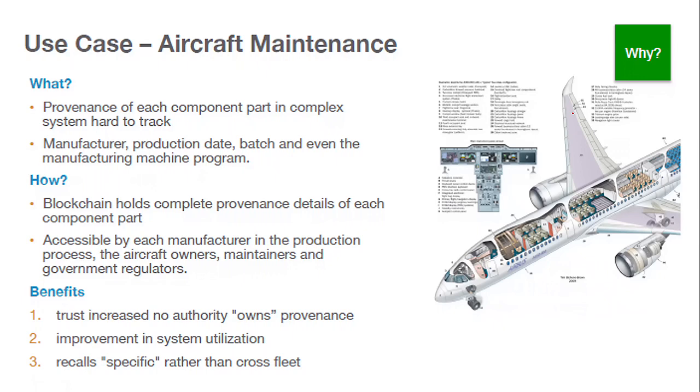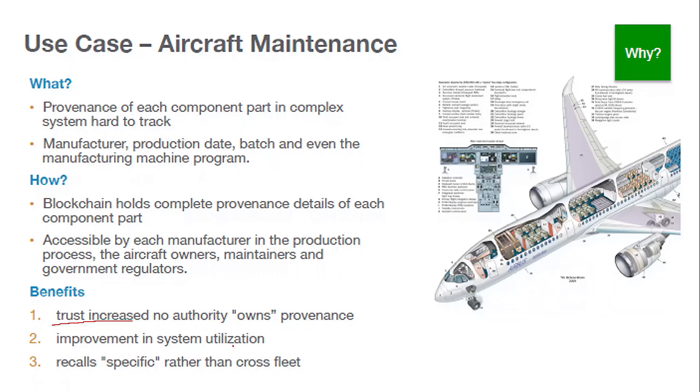But with the blockchain, we can actually have more transparent information about a particular aircraft. It's not only aircraft, any system, be it a ship or a vehicle, we can still use this technology. So, in a nutshell, trust is increased, so there's no authority of prevalence, and system utilization improves.